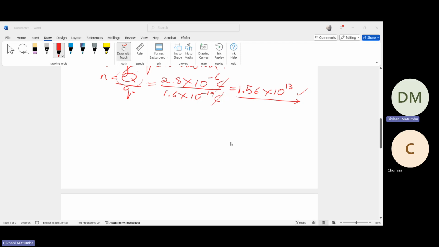All the questions will revolve around that, bringing two spheres together and separating them. So it's quite easy to get that one. Okay, so I'm going to try to do an electricity question. Before we move on, I just want to do quick questions.